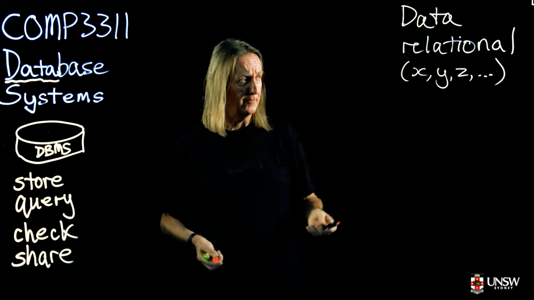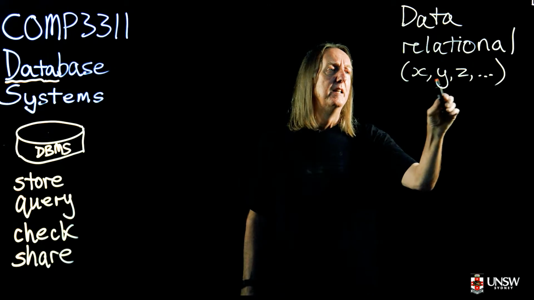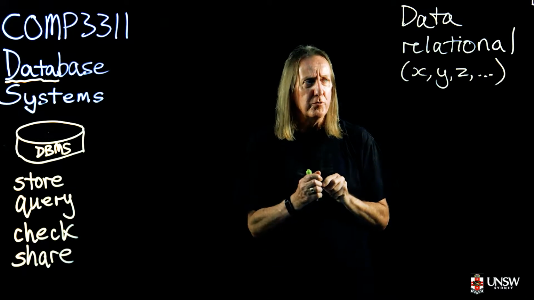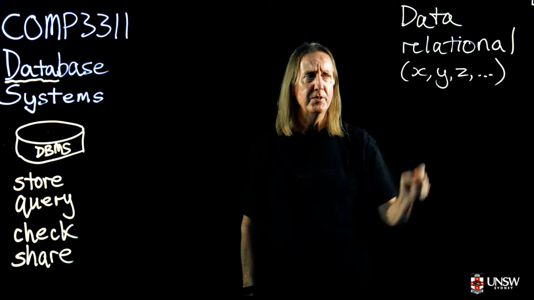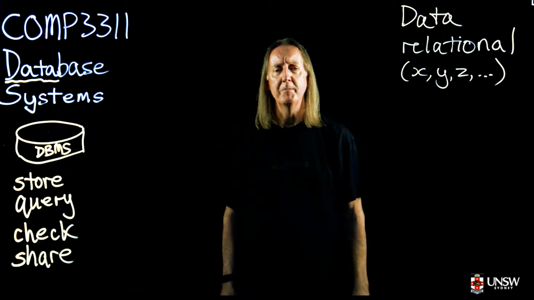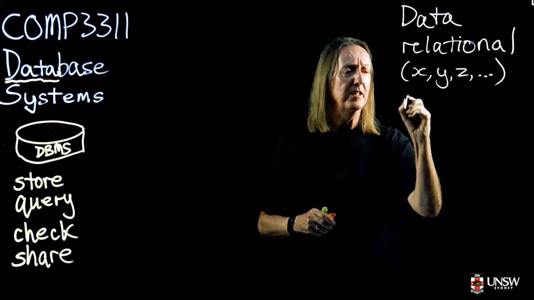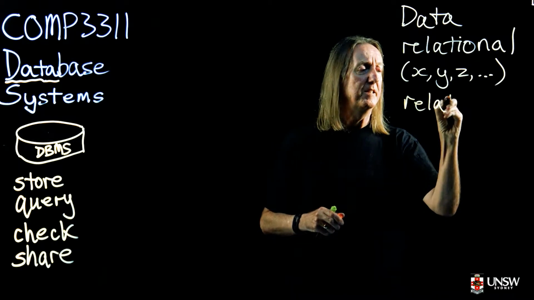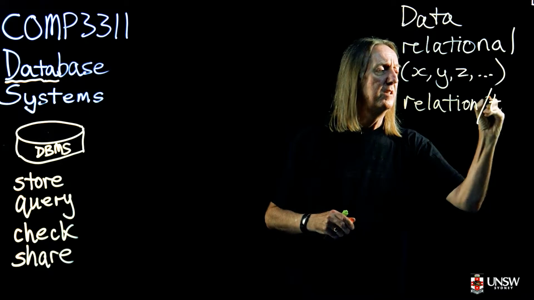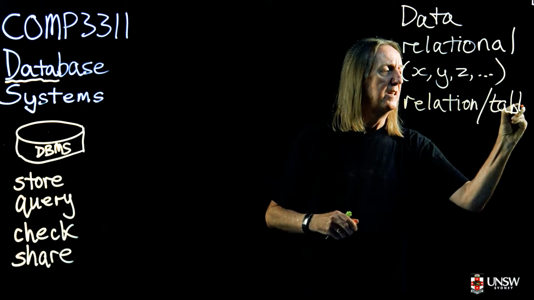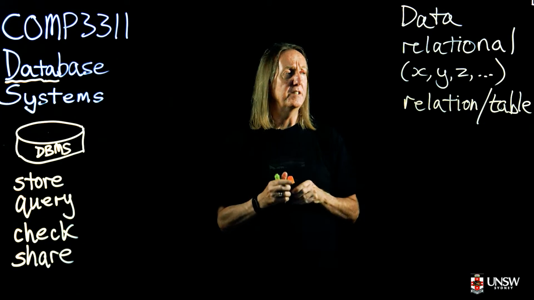Well, as many as you like for the application that you're implementing. If we've got a set of tuples where each tuple has the same number of items and the items are of the same type in each tuple, we can take that set and call that a relation. And in the DBMS world, that's also implemented as a table. If you think of a spreadsheet, it's a similar kind of idea.